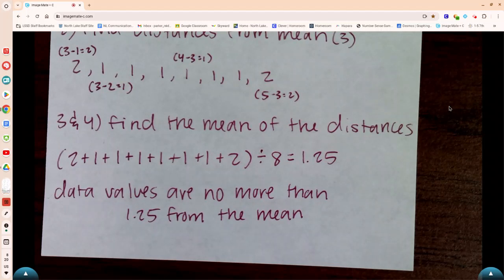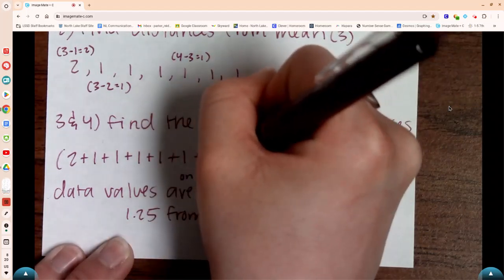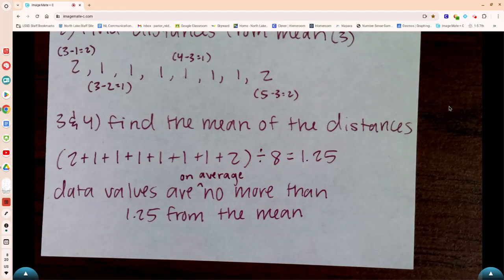I should write on average. Because obviously some of our values are further than 1.25 away from the mean, right? I have some that are 2 away. But on average, most of them are about 1.25 away from the mean, meaning they're pretty darn close to the mean. That's not too far away. Questions about this example?